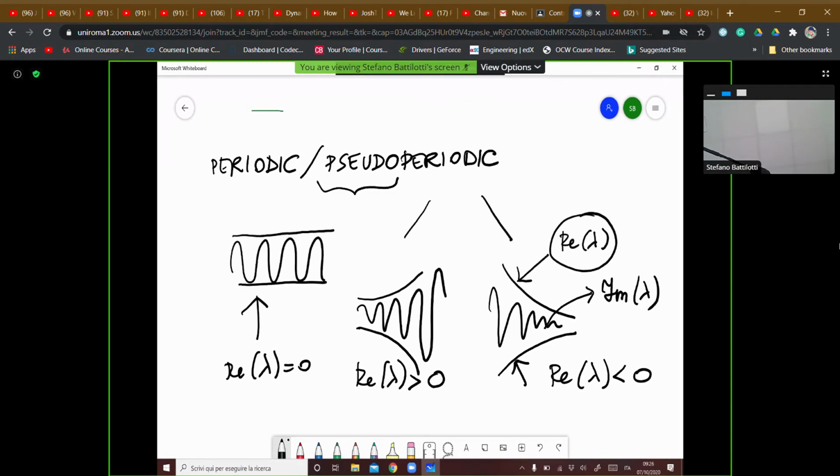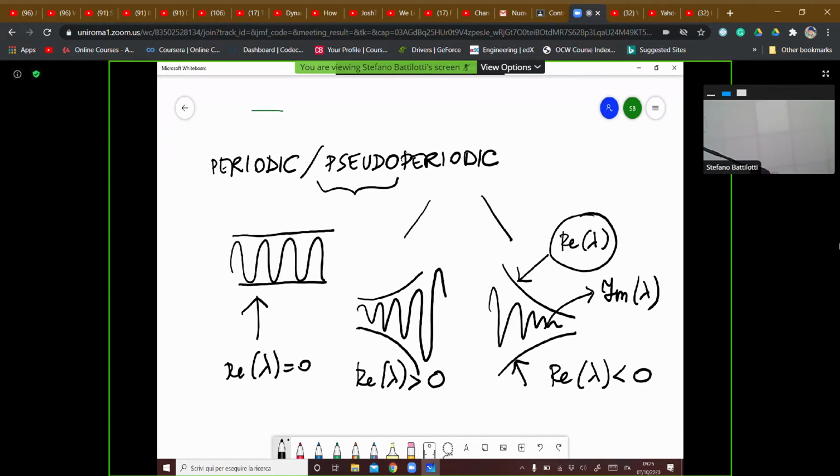So before going to the technical details, as we did in the case of aperiodic modes, we can basically imagine that the periodic or pseudo-periodic modes may be subject to a similar classification of the aperiodic modes.